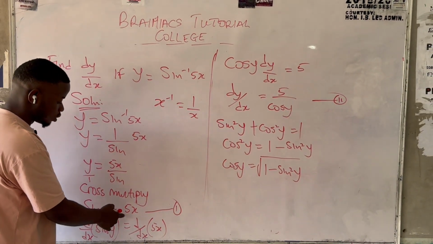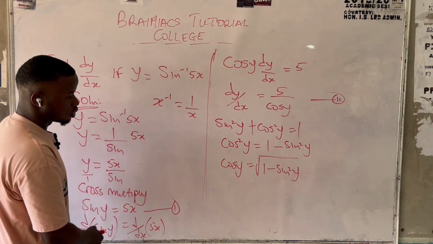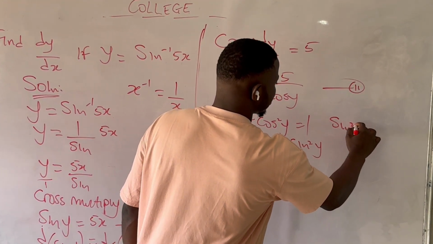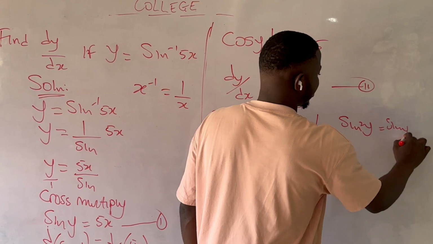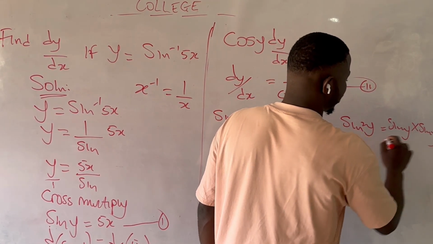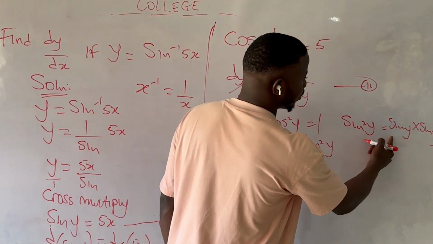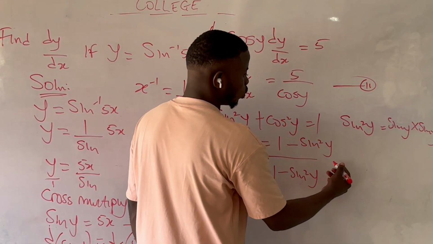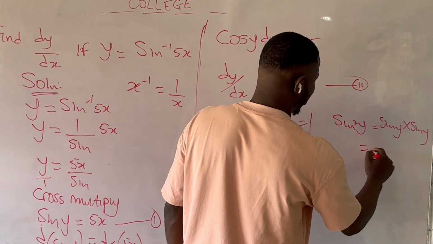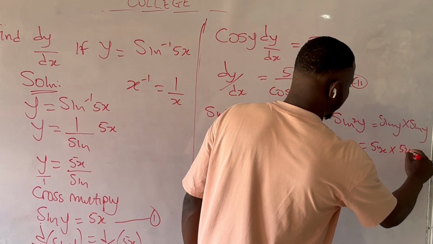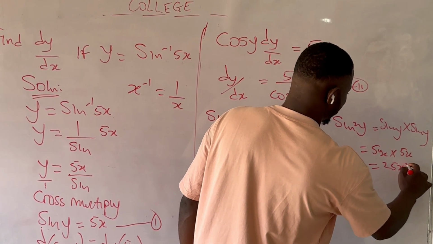Sine squared y is the same as sine y times sine y, and this sine y is equivalent to 5x. That's 5x times 5x, that will give us 25x squared.